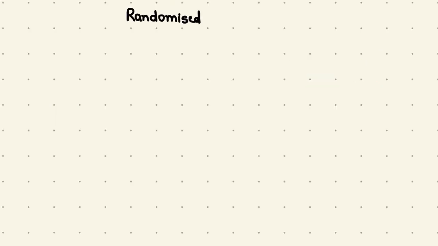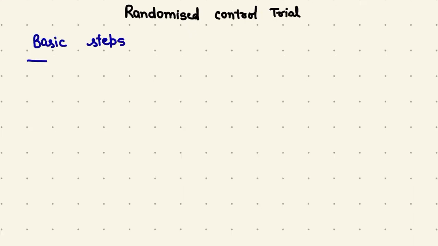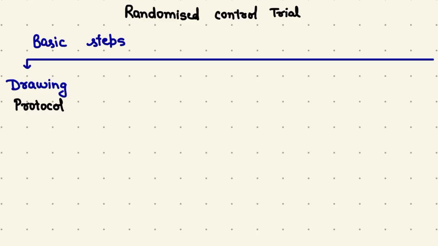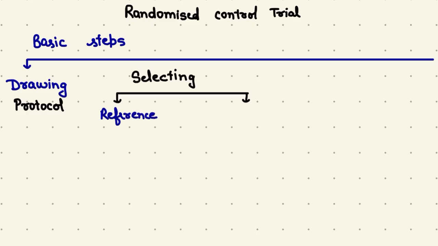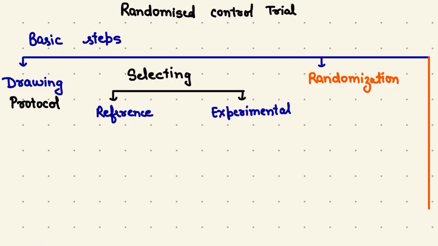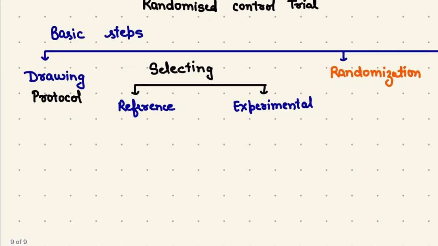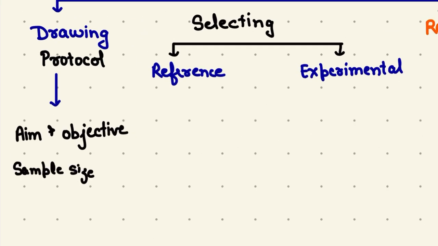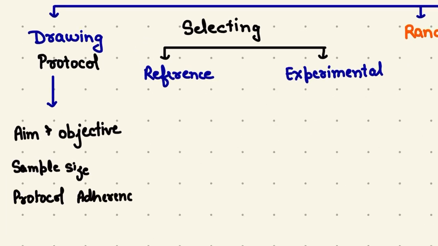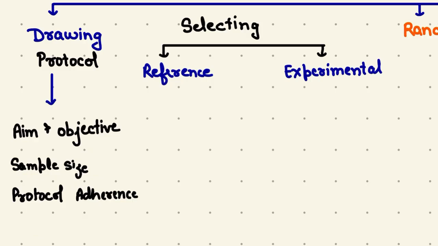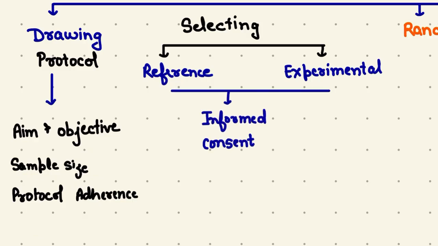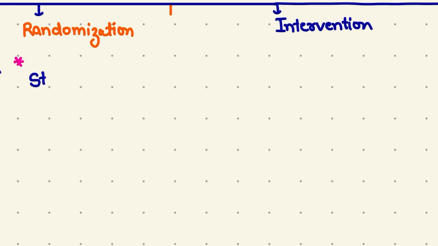Let us talk about randomized control trials, where the basic steps are drawing the protocol, selecting the reference and experimental participants, randomization, giving the intervention, following up, and then assessing. प्रोटोकॉल में हम एम्स एंड ऑब्जेक्टिव डिसाइड करते हैं, सैम्पल साइज डिसाइड करते हैं एंड वी स्टिक टू द प्रोटोकॉल. पार्टिसिपेंट से हम इन्फॉर्म्ड कंसेंट लेते हैं.